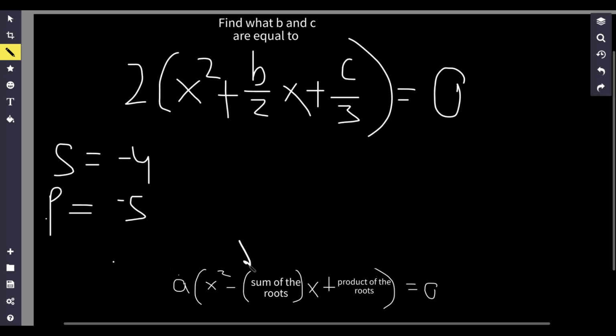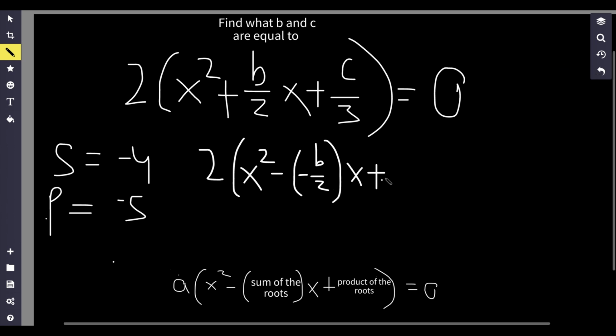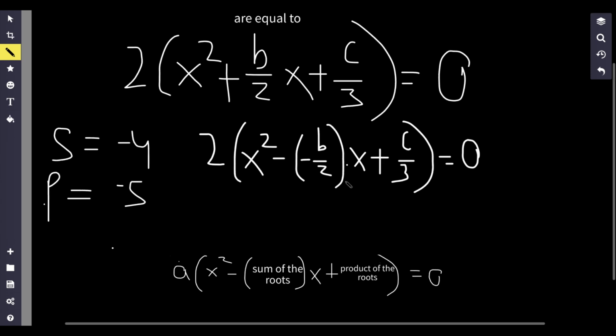Well, we have this formula down here, and right now we can rewrite this equation as 2 times x squared minus negative b over 2 times x plus c over 3 is equal to 0. All we did was we took a negative out from b over 2, so we're left with negative b over 2. And negative still makes positive, so everything in this equation is still equal, right? We just only changed how this equation looks.